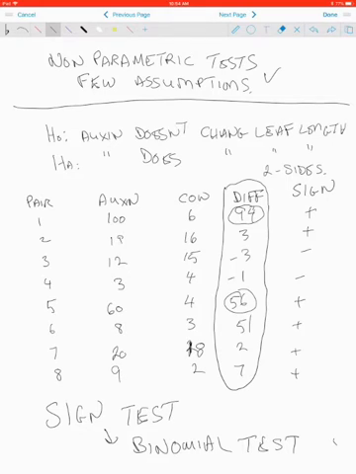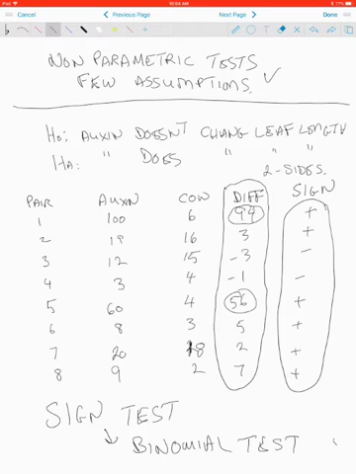If you see some really big outliers, that's a violation of normality. So instead, set up another column where you simply write the sign of the difference, whether it's positive or negative. Then you're going to analyze the signs using what is effectively a binomial test.